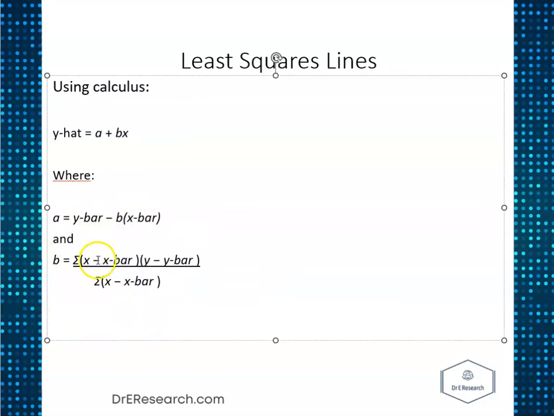We take each x minus the mean of x, times the associated y minus the mean of y, and here you'll notice this is actual y, not y-bar, over this sum as well. And we add all that up. That's complicated, it's all right. Your calculator does it, your computer does it, your software does it. But this is where it comes from, and it's derived by minimizing an equation using calculus.